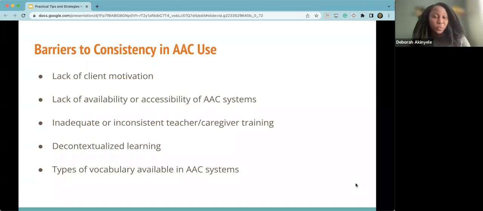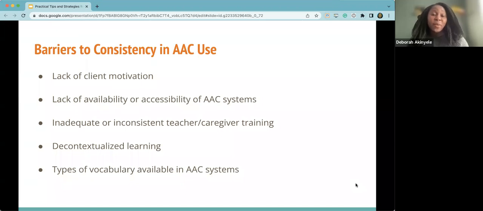Another barrier is just decontextualized learning. This is one of the things that can tend to happen very often in the speech room or in the speech clinic, where there is a very controlled environment and there are very specific items that are being taught to the client using the AAC tool or device that are not present within the client's natural environment.